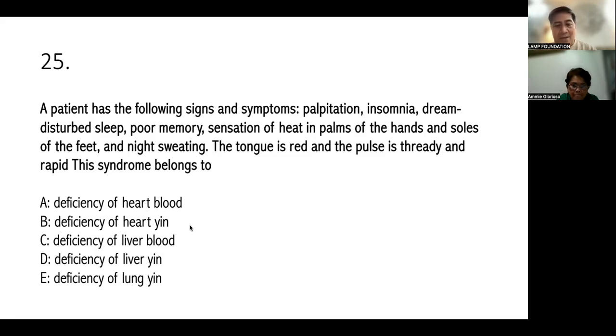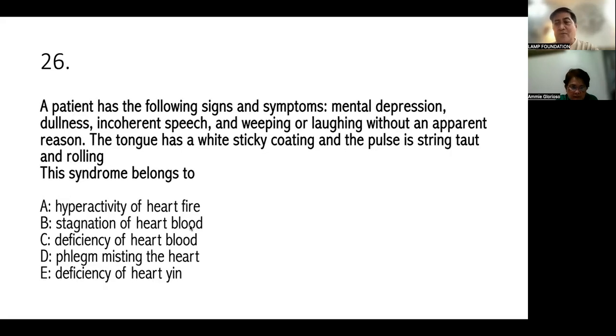26 to 30, Sir Michael. Good evening, Sir Michael. Good evening po, Sir Doc. Okay, number 26. A patient has the following signs and symptoms: mental depression, dullness, muttering to oneself, and laughing or crying without an apparent reason.